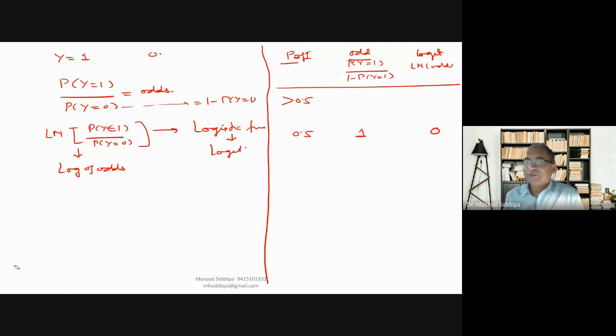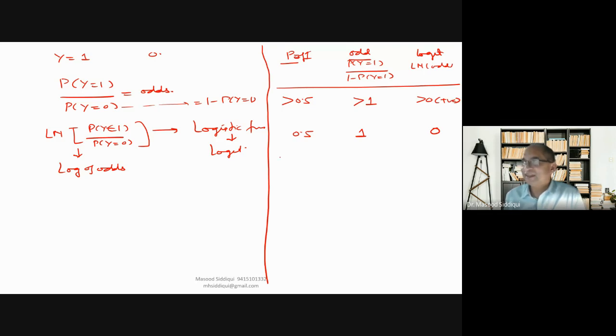If p is greater than 0.5, the numerator is greater than 0.5 and the denominator is less than 0.5. Suppose p is 0.6, so 0.6 is in the numerator and 0.4 in the denominator. This value is greater than 1, so the logit value would be greater than 0, or positive.